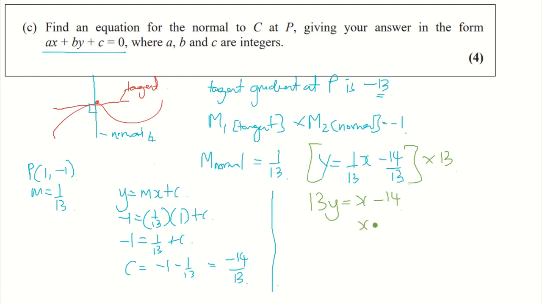So x minus 13y minus 14 equals 0, or you can even write 13y minus x plus 14 equals 0. Both are accepted. There you go.